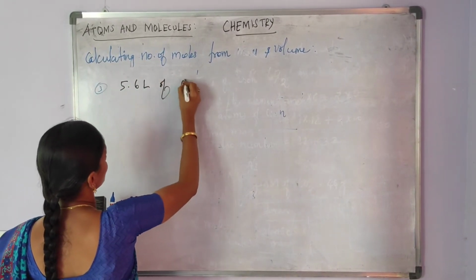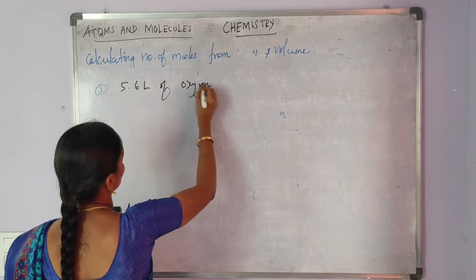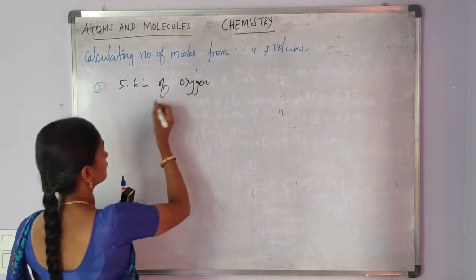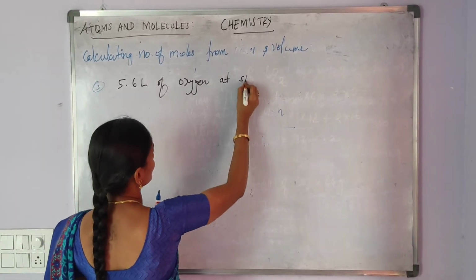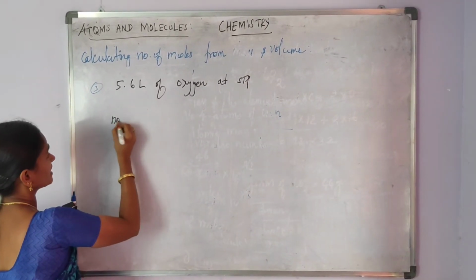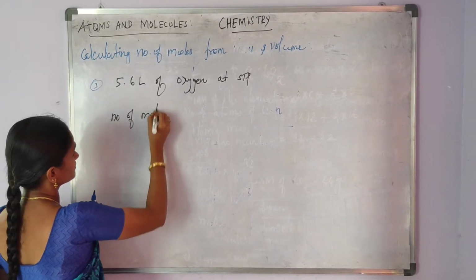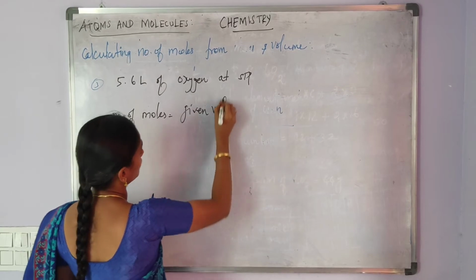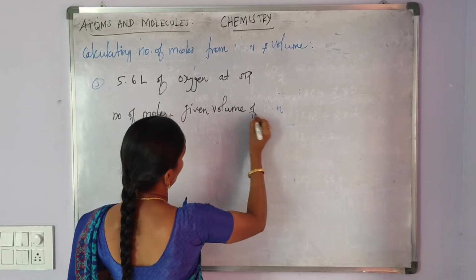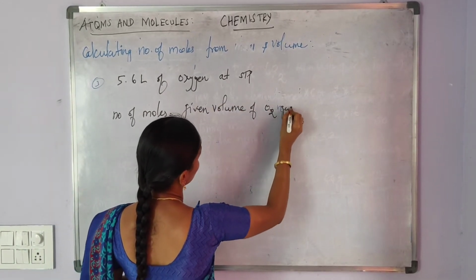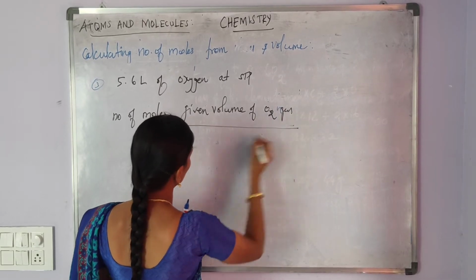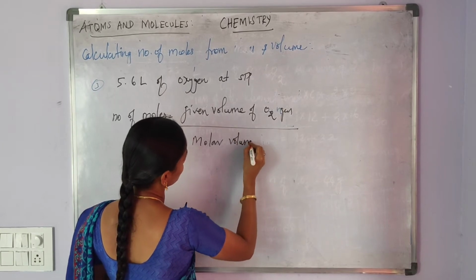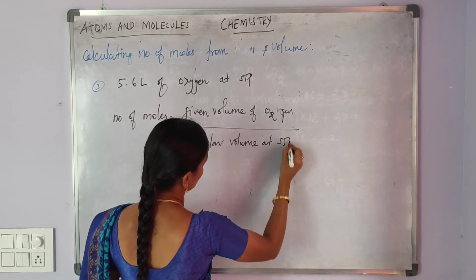And the third one is 5.6 liter of the oxygen. Finding the number of moles in 5.6 liter of the oxygen at STP. The formula is number of moles equal to given volume of the oxygen gas divided by molar volume at STP.